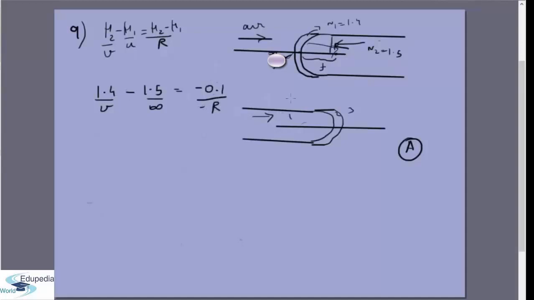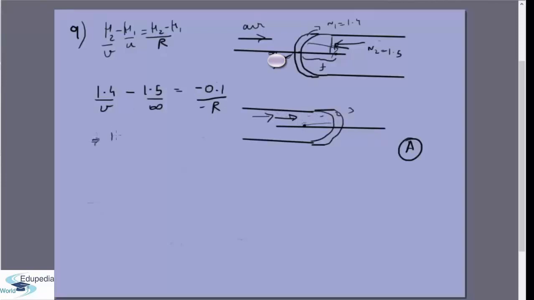I'll repeat the signs. We are going in this direction, so U is infinity, is actually minus infinity, but it doesn't matter. This is the second medium, this is the first medium from our perspective of refraction. So mu2 by V minus mu1 by U is equal to mu2 minus mu1, that is minus 0.1, divided by R, the radius of this surface, which is in the negative direction because this is the direction of incident light.